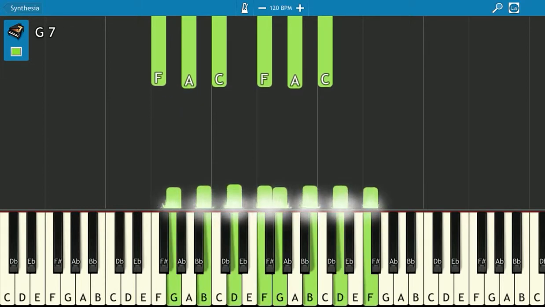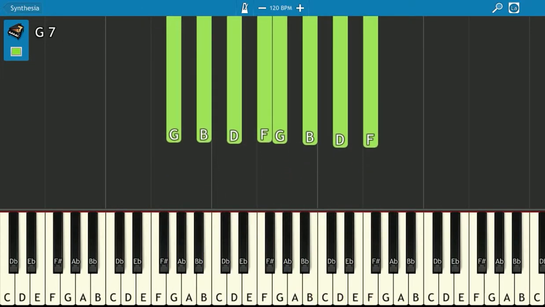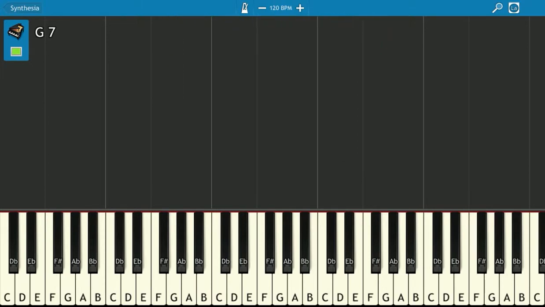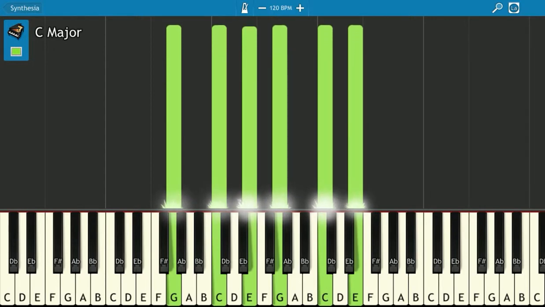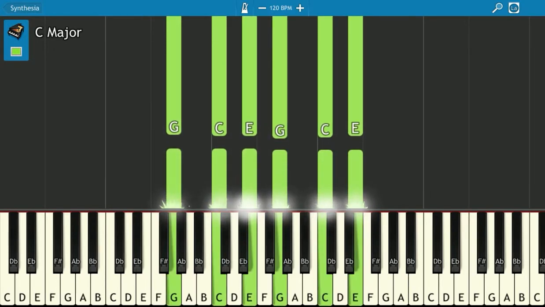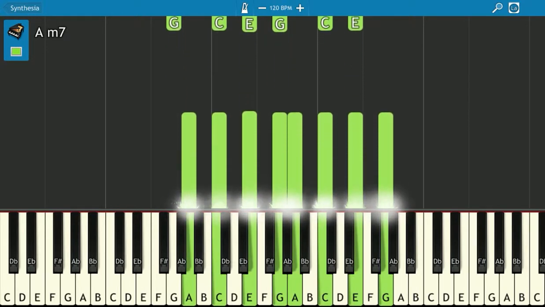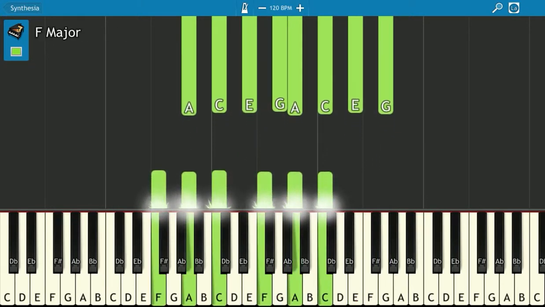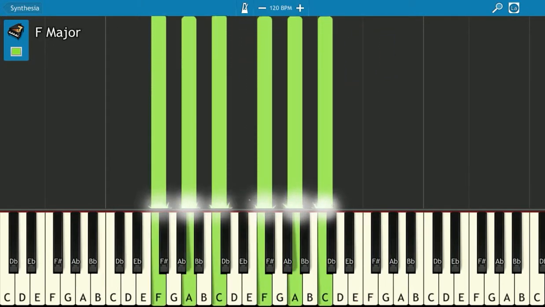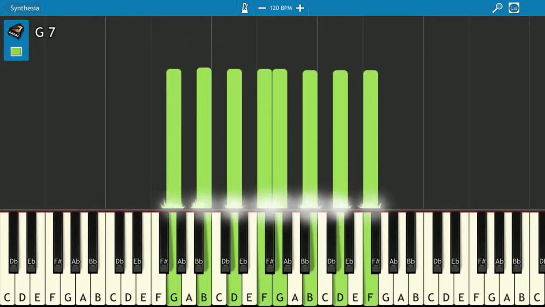and we have G7th. So we can invert the C major, just like we did with the first chord cycle. So do it right here, then position our fingers over for A minor 7th, and then for F major we can scoot over to the left, then we have G7th right there.